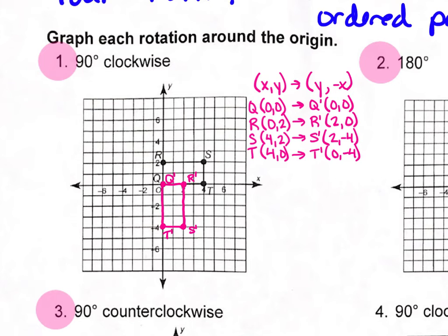Problem number 1 was 90 degrees clockwise. Notice that after the rotation it's on its side and that the original went from quadrant 1 to quadrant 4. So it rotated the direction of a clock, clockwise. 90 degrees meant it moved one quadrant.